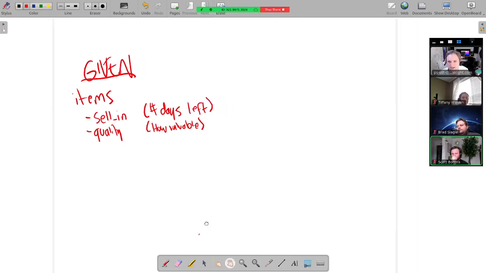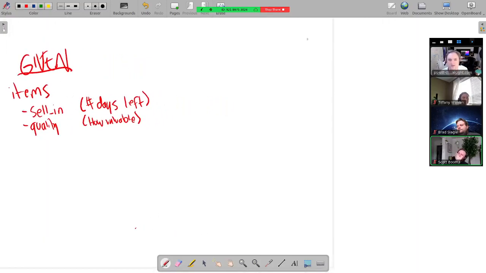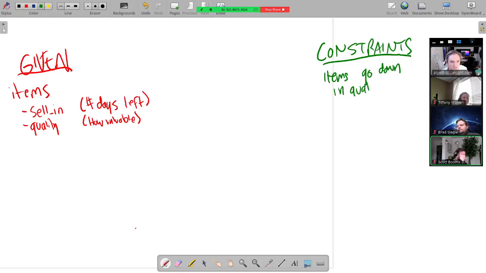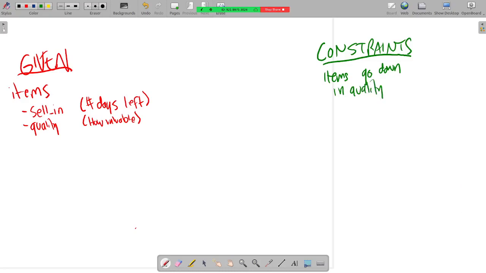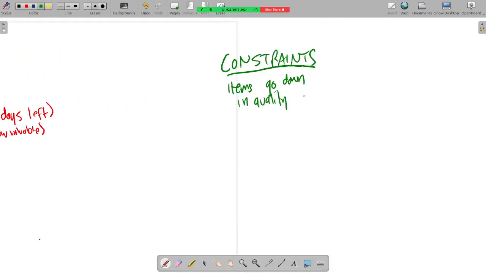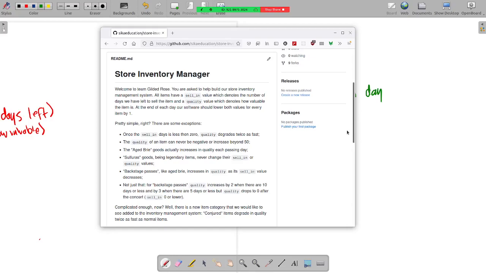So for right now, I'm going to put that in the constraints column. Items go down in quality by 1 each day.